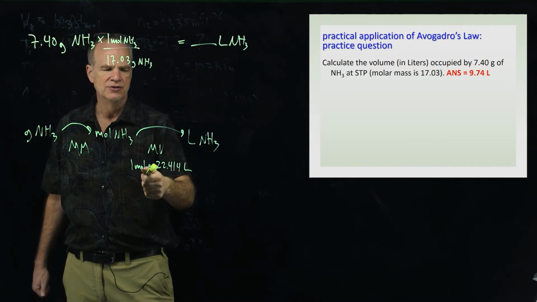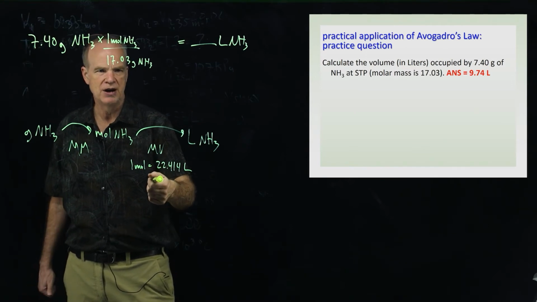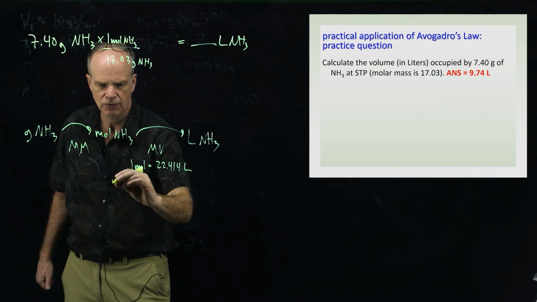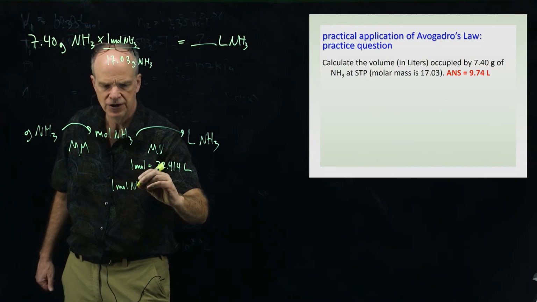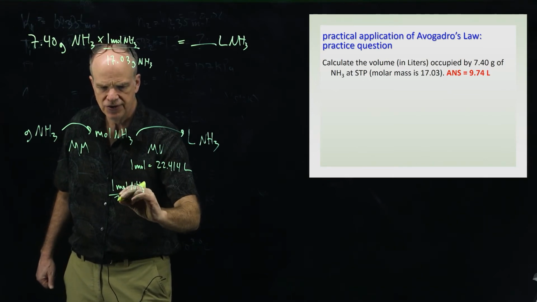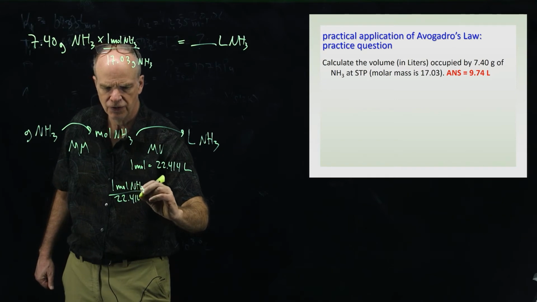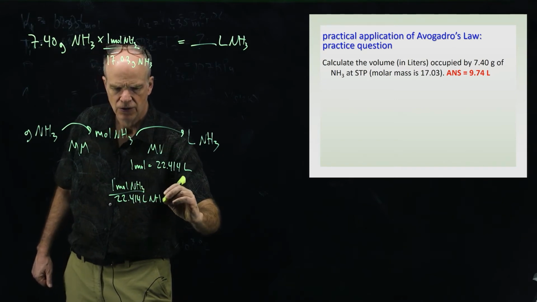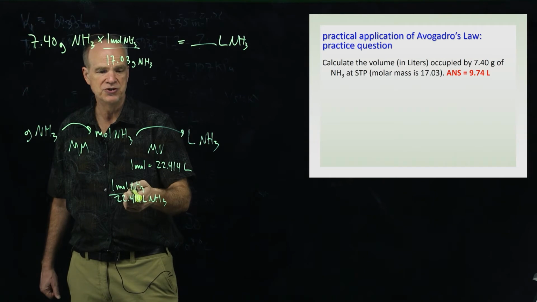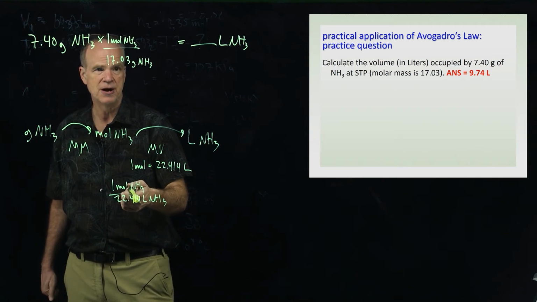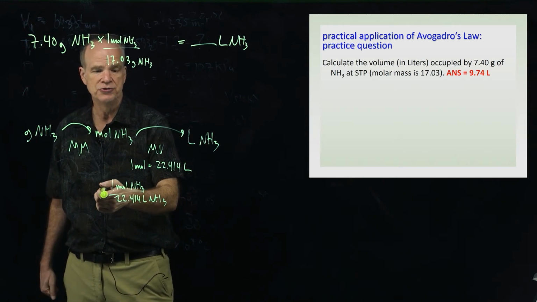Let's think of some ratios we can write using this molar volume. We can write 1 mole of ammonia over 22.414 liters of ammonia, or we could write the reverse of that. Which one do we want to use? It looks like we want the reverse, to get an answer in liters of ammonia.